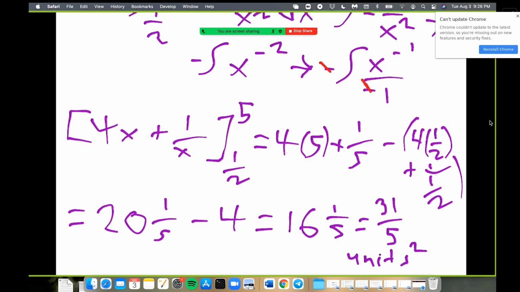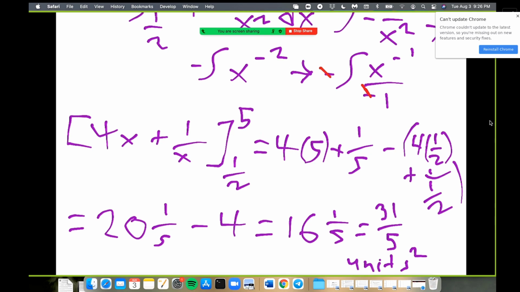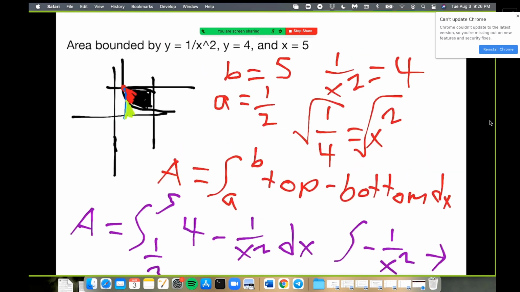So as a recap, we went up here and drew out the graph. You want to identify which region you're trying to find. Then you use this area equation right here, given you need to know what these limits are.